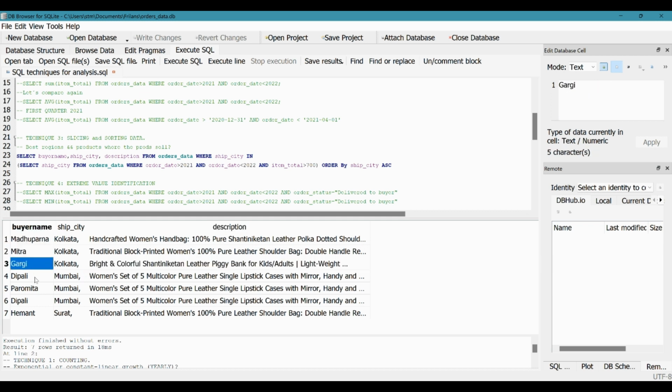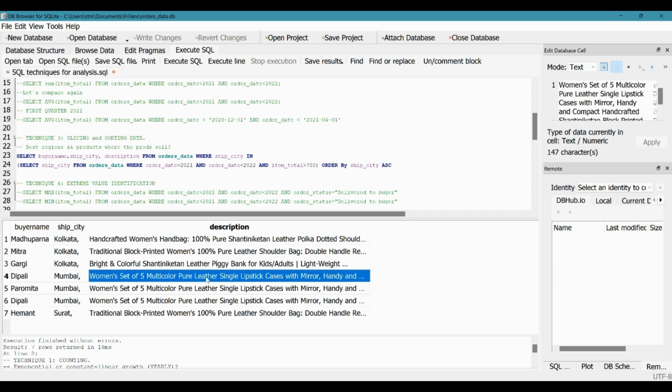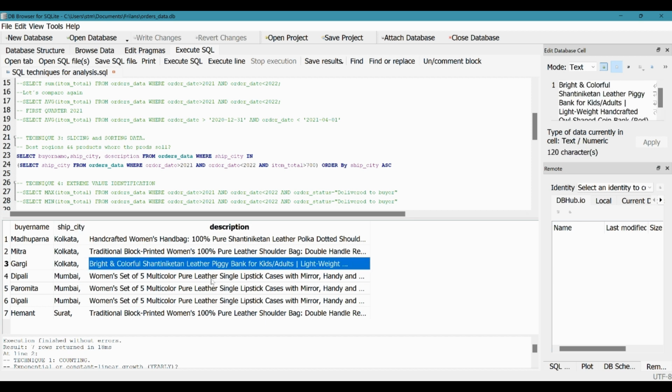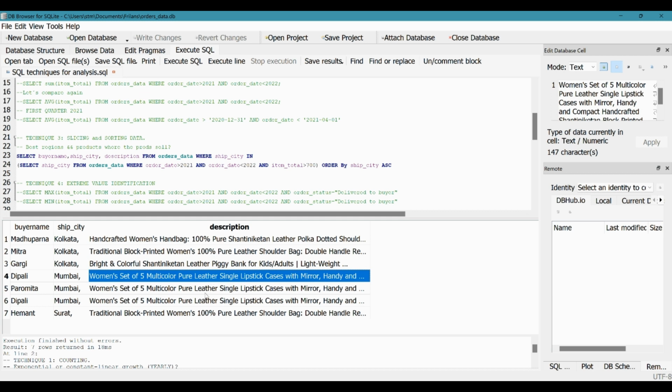So this is very valuable to know if I maybe should keep on doing more marketing in Kolkata and Bombay, because maybe these kind of products, we see many leather products, are doing good in those regions for some reason.